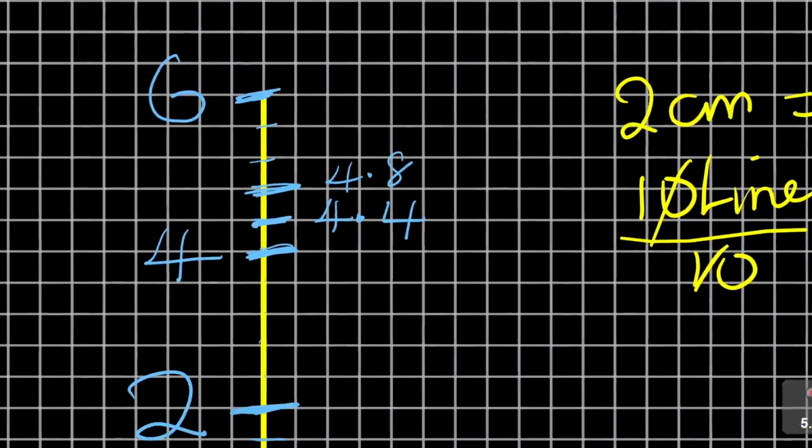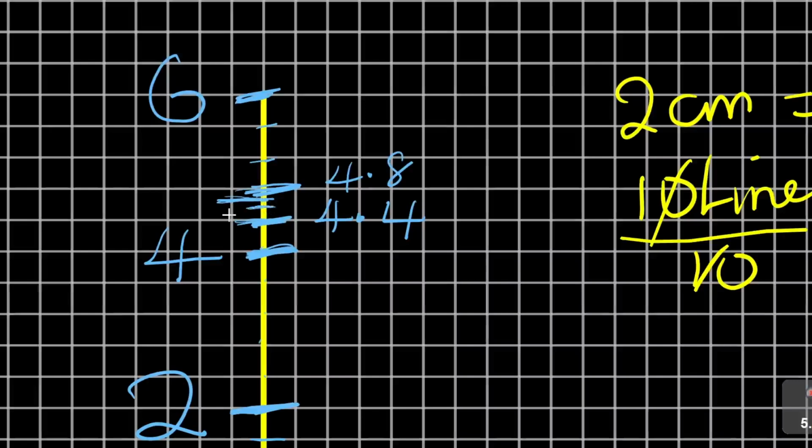Now, if this place is 4 and this is 4.4, this is 4.8, do you not think that 4.7 should be very close to that place somewhere here? This is where 4.7 should be, because the middle here should be 4.5.